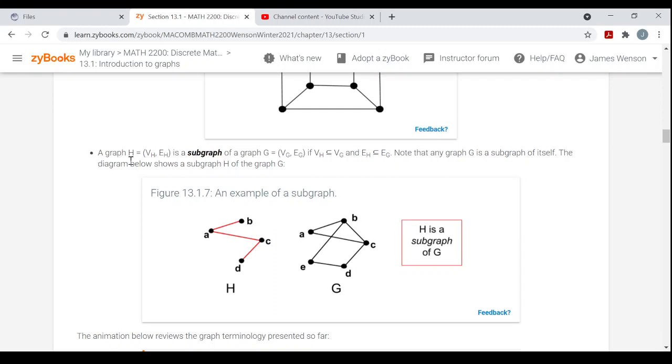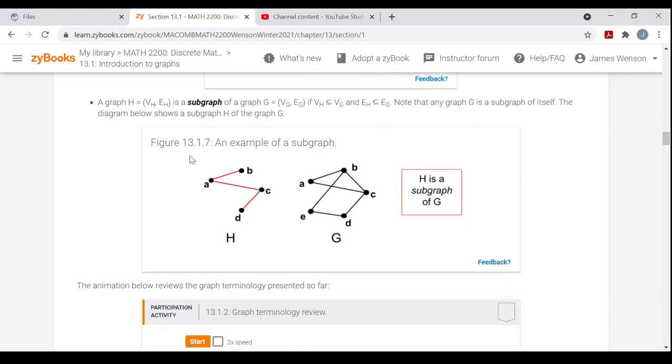All right, so a graph H, which has a vertex set called VH and an edge set called EH, is a subgraph of another graph G, which has vertex set VG and edge set EG, if the vertex set of H is a subset of the vertex set of G, and the edge set of H is a subset of the edge set of G. So note that any graph is a subgraph of itself, right? Because remember, every set is a subset of itself. So every graph is a subgraph of itself.